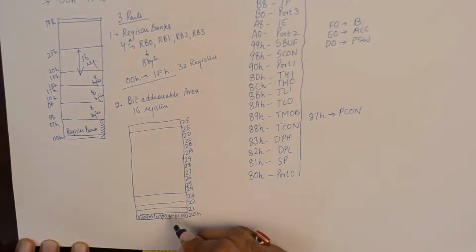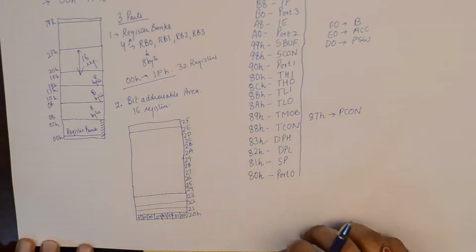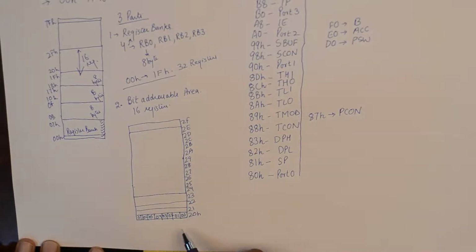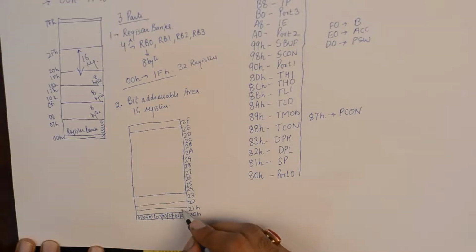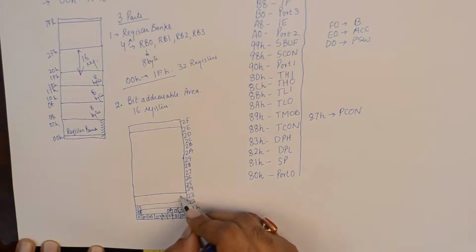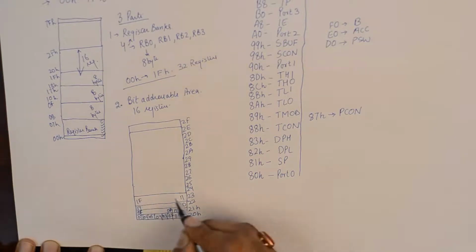So each and every bit in this register is given an address which is hexadecimal in number, and 21H register will have the addresses starting from 08, 09, 0A to 0F, and similarly will proceed with 10 to 17, 18 to 1F and so on.